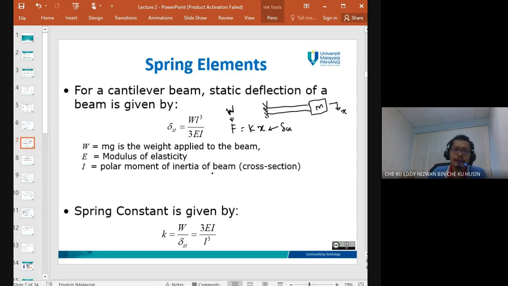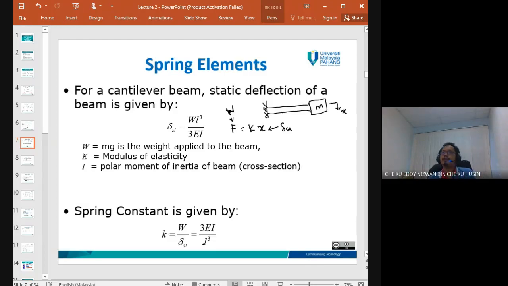For this system, the stiffness can be modeled as W, the weight, over the static deflection. We just modify this equation, moving this to one side and the other to the other side, and this is what we got.